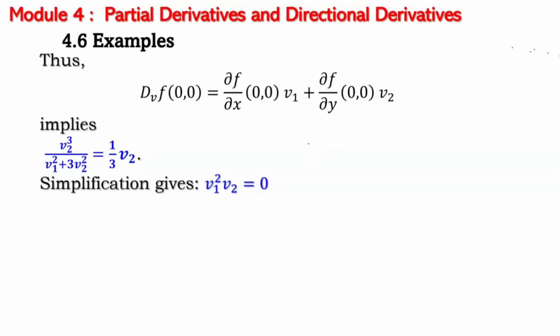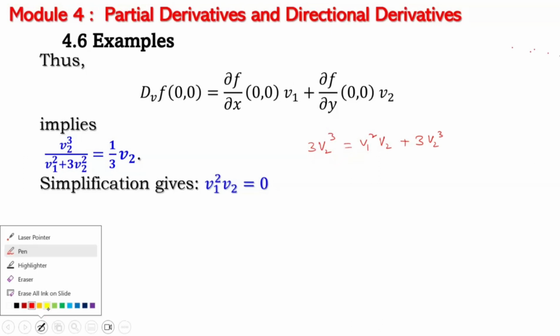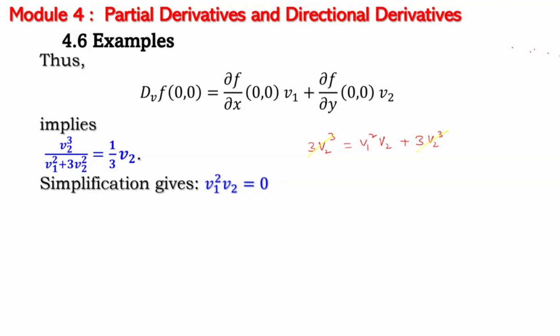If you cross multiply, you will get 3 v2^3 is equal to v1^2 v2 plus 3 v2^3. So this 3 v2^3 cancels out and you get here v1^2 v2 equal to 0.